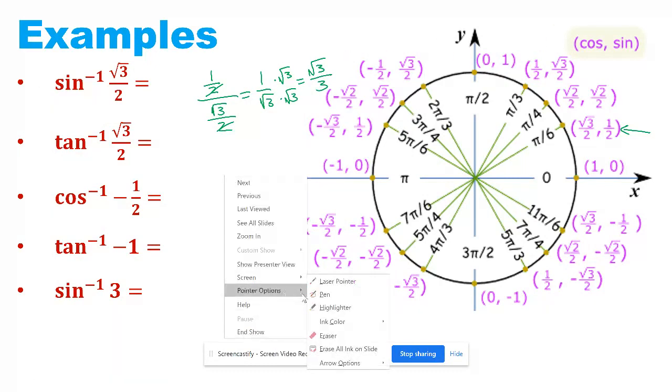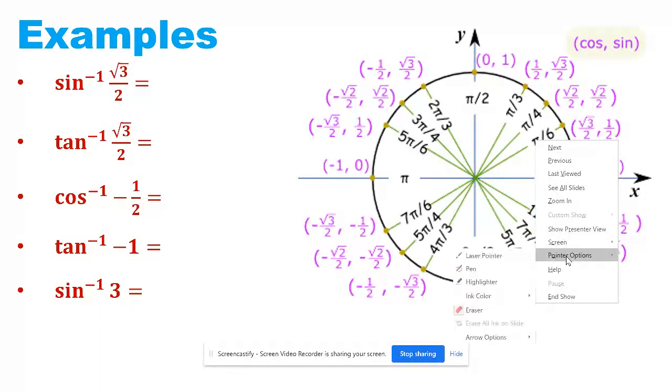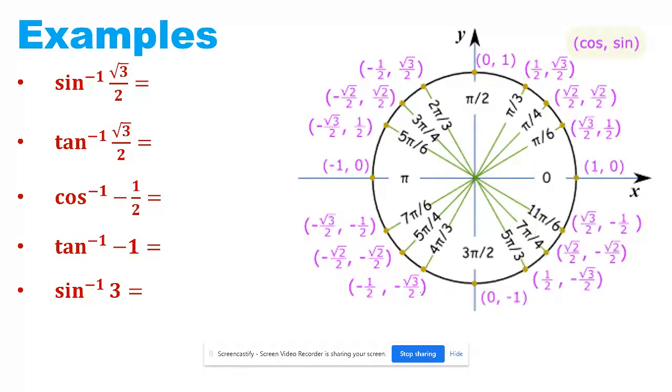So I'm going to erase some of this, get a little more room. So we have square root of 3 over 3. Just remember the stuff in green is the tangent. Now, if I wanted to fill in more of this, I know that if I go straight across right here, the tangent over here is going to be negative square root of 3 over 3.